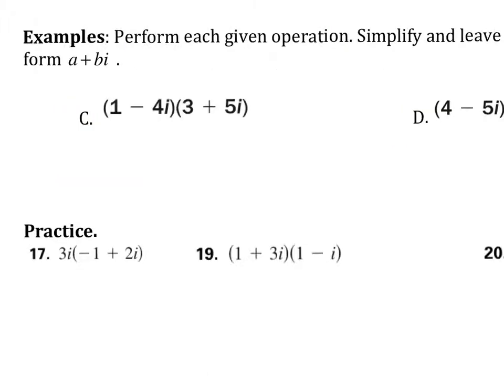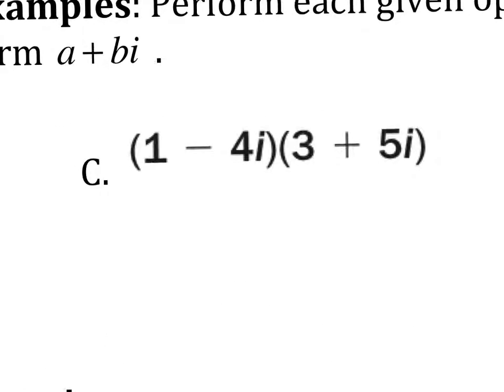All right, so let's perform each given operation. In this case, we look between here, and since there is effectively nothing, the parentheses mean we are multiplying. So I'm going to apply the rules of FOIL or double distribution to attack that. So let's look here. I'm going to send the 1 to the 3 to get 3.